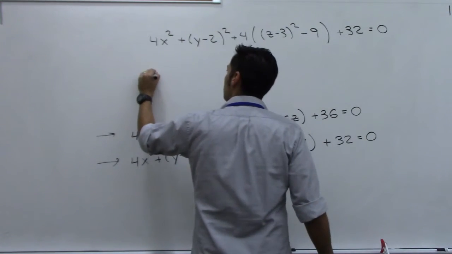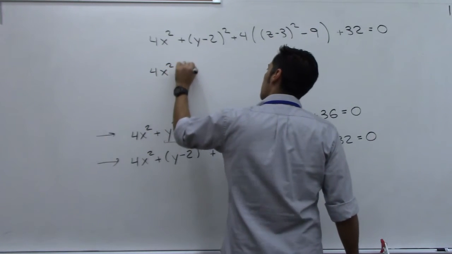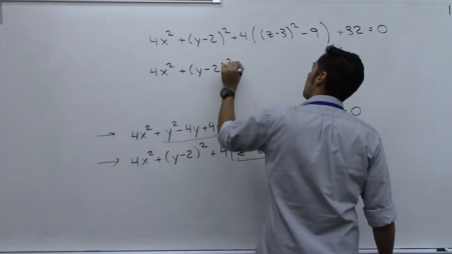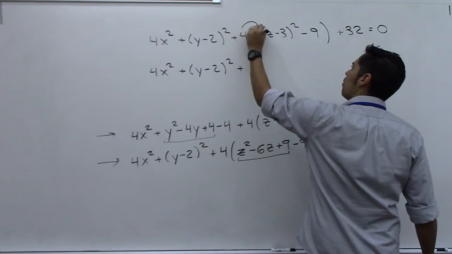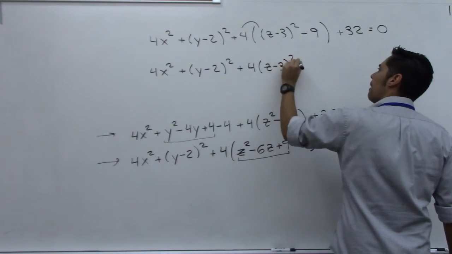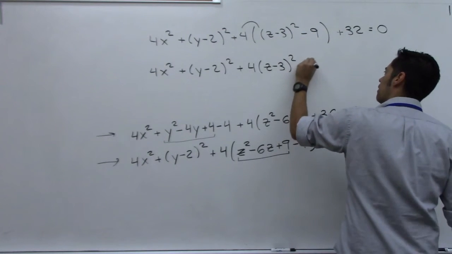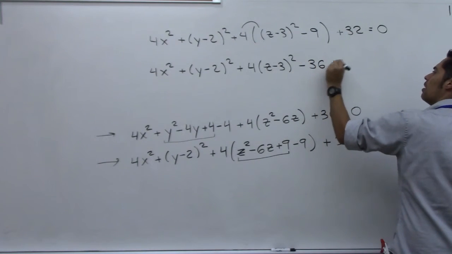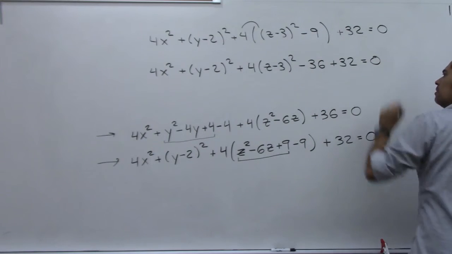So this becomes 4x squared plus y minus 2 squared plus, let's distribute the 4 to this, which just becomes 4 in front of that parentheses. And then 4 to here, we get negative 36. And then plus 32 equals 0.